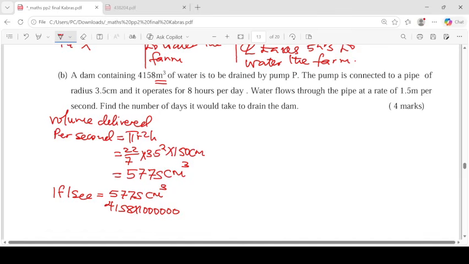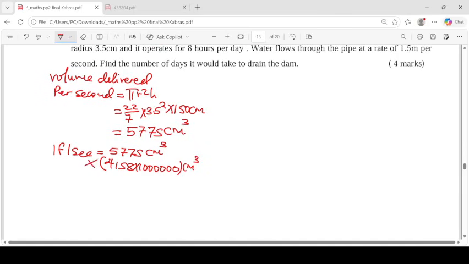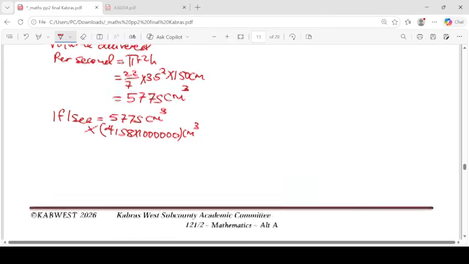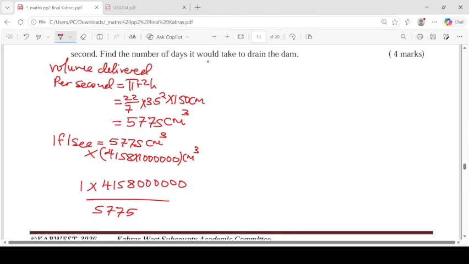What do we do here? Now this one is also in cubic centimeters. What we do in this case, we cross multiply. When you cross multiply, this will become 1 multiplied by 4,158 times 100, 100, 100, divided by 5,775.